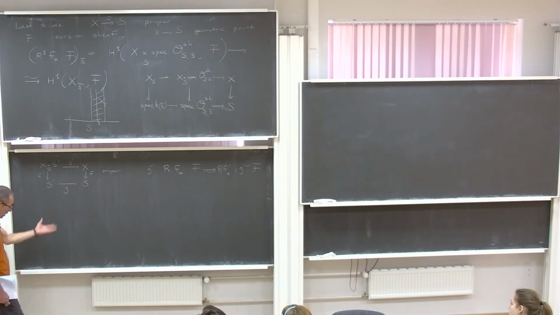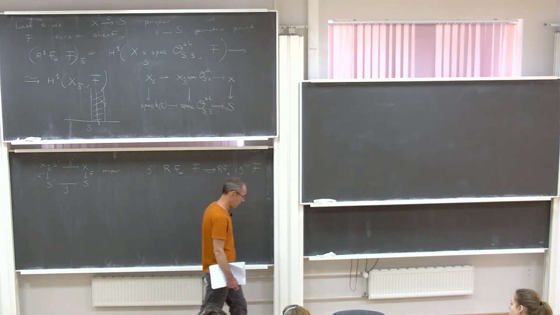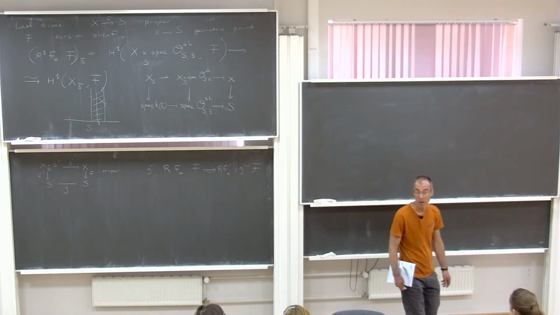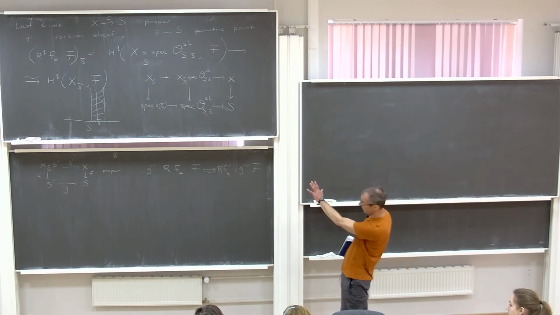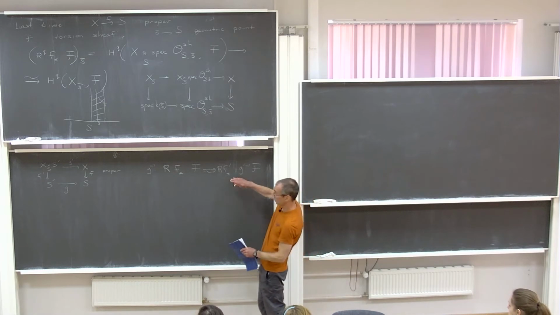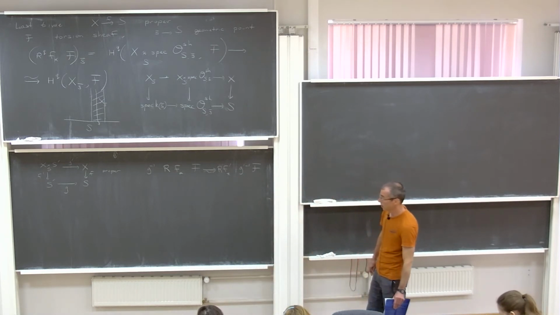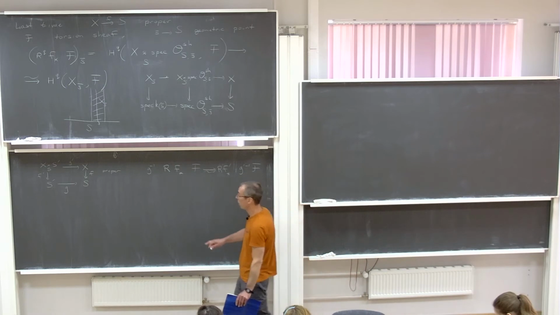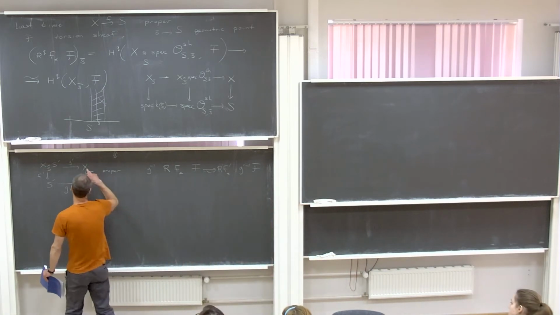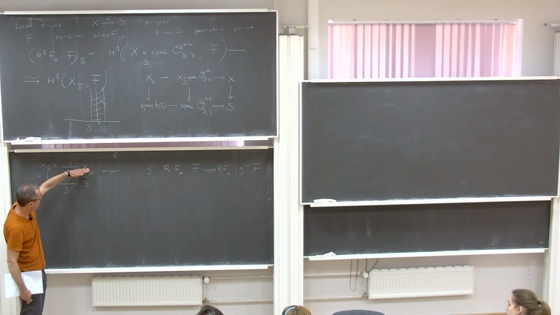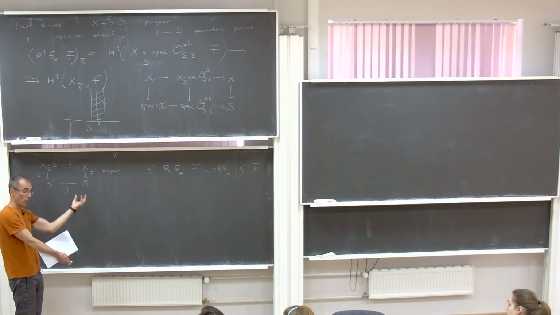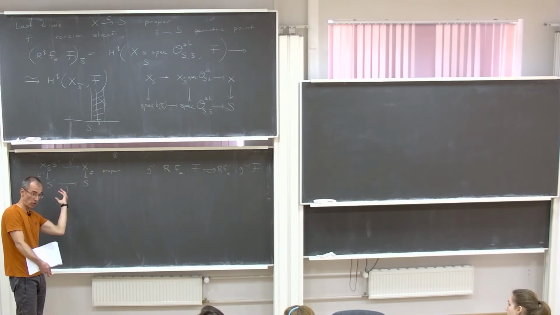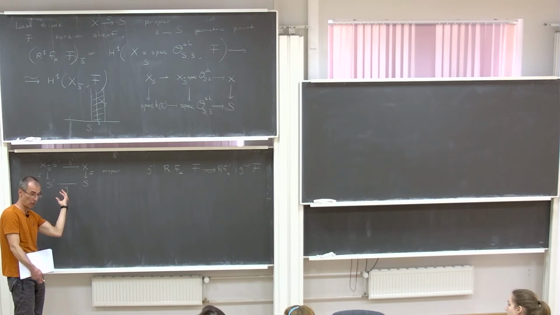So as one of the homework problems, the easiest homework problem, asserts, an immediate corollary of this formulation is that homology, étale homology of a proper scheme over an algebraically closed field does not change if you take any extension of the base field, which is also algebraically closed.